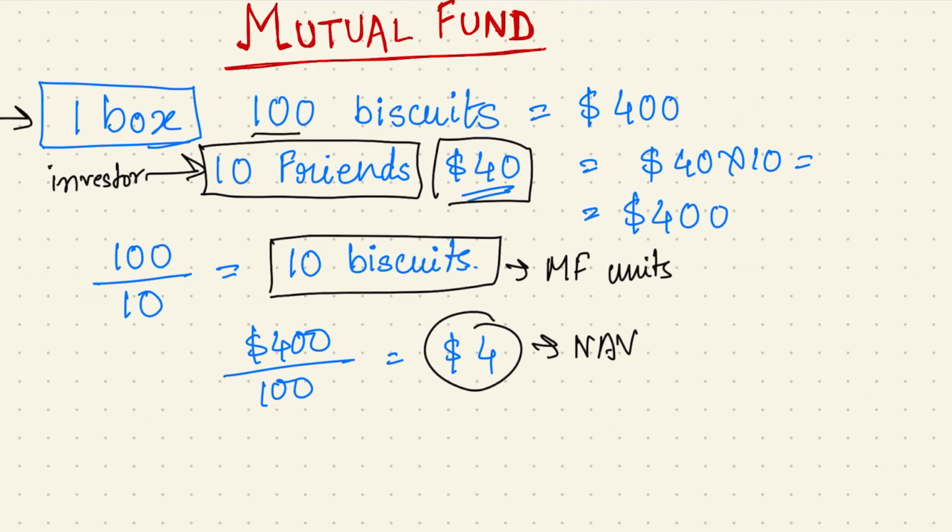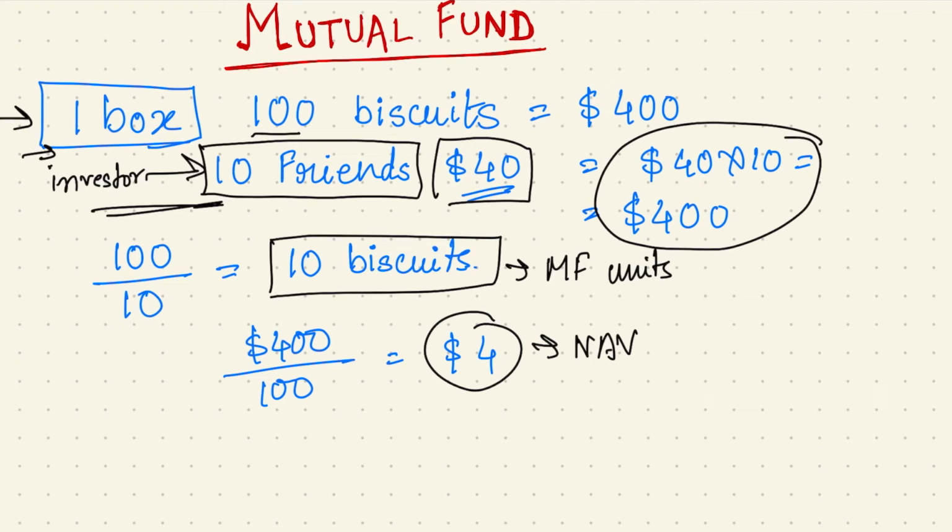So now let me put this into the mutual fund definition. A mutual fund is a company or a trust that pools the money from many investors. See, this is what happened here. It pools the money from many investors, and then invests that into different stocks, bonds and short-term debts depending on the mutual fund structure.